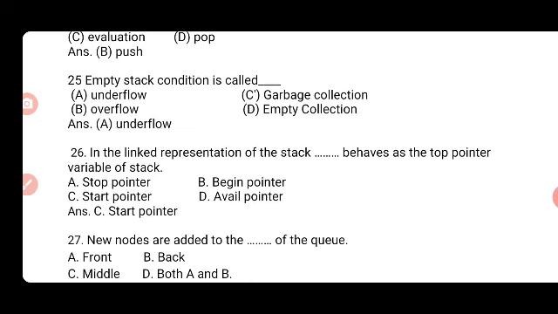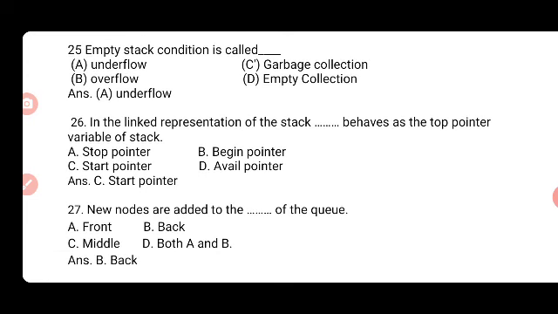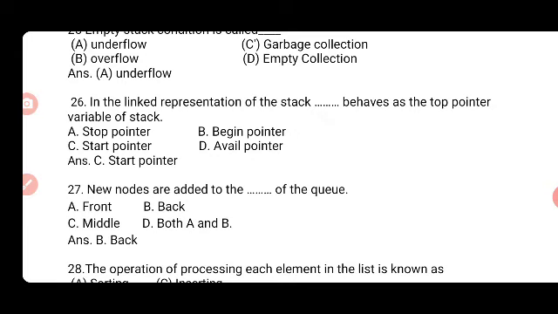Question number 26. In the linked representation of the stack, dash dash behaves as the top pointer variable of the stack. Option A, stop pointer; option B, begin pointer; option C, start pointer; option D, avail pointer.